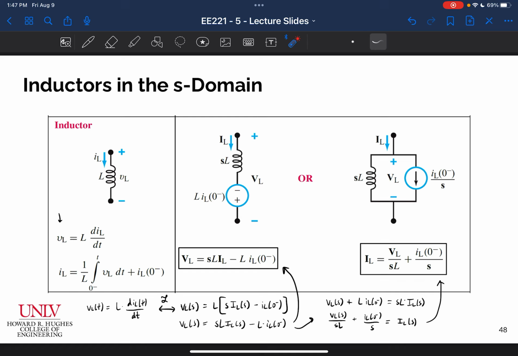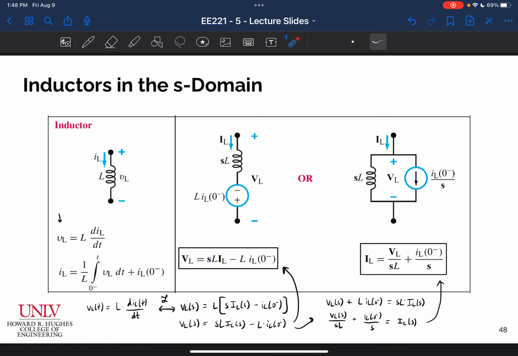And then we've derived two different ways to represent this element in the S domain. We can represent it as an inductor in series with a voltage source, or we can represent it as an inductor in parallel with a current source. And this should be obvious because this is just source transformation at work, which we've seen time and time again.